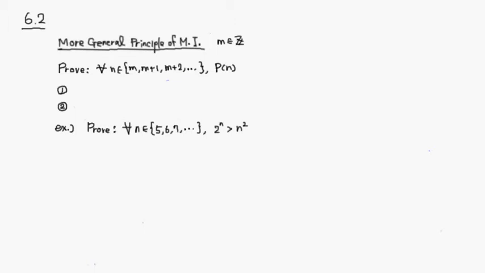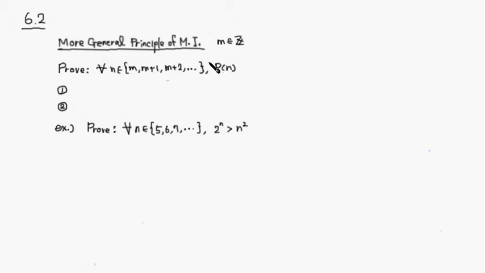All right, let's look at section 6.2. This section talks about the slightly more general principle of mathematical induction. Let m be just any integer. Then you want to prove that for all n, starting from m, m plus 1, m plus 2, and so on, P(n) is true.